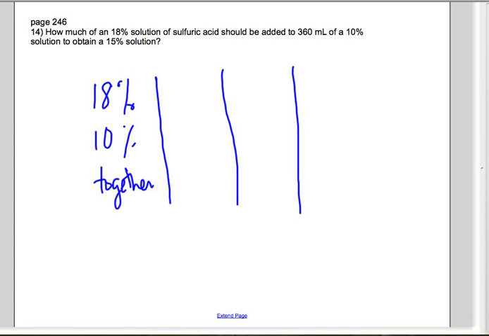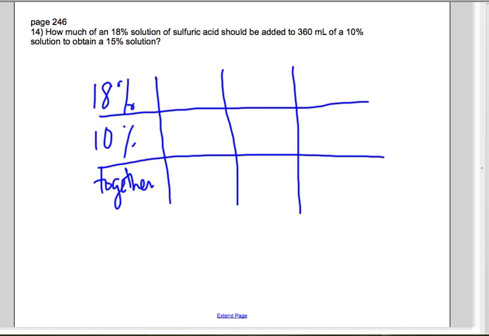So the chart will have the milliliters of solution, and here will be the percent of sulfuric acid.